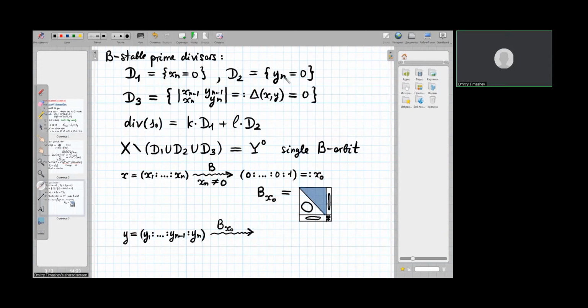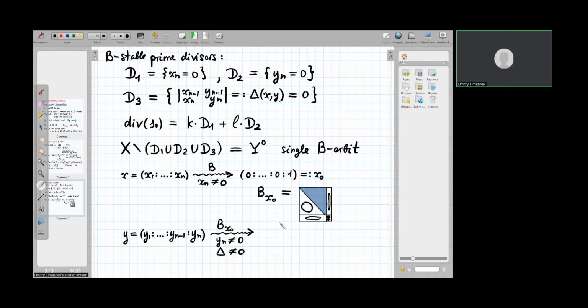So we assume that these equalities become inequalities, under the assumption that yn is non-zero, and also this delta is non-zero. The first component is already taken to the canonical form.